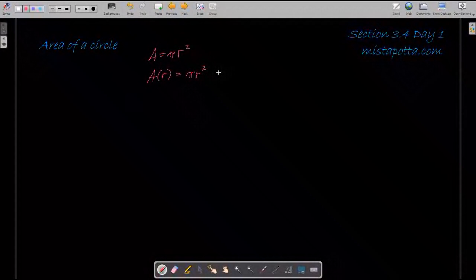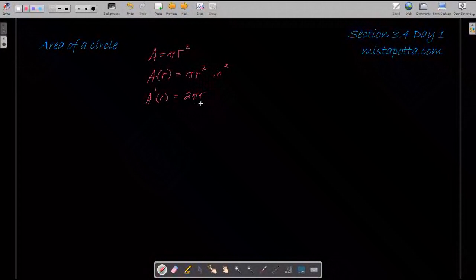And my units here are going to be square inches, or square miles, or square some distance unit. If I'm looking for the rate of change, the derivative with respect to r, this is how much my area is changing each inch, or each foot. And the derivative of this is 2 pi r.